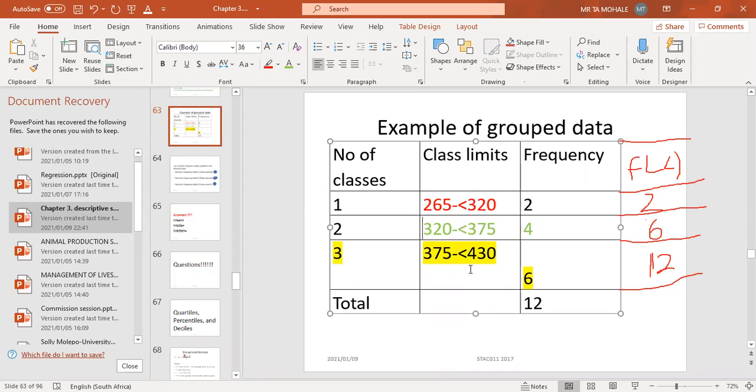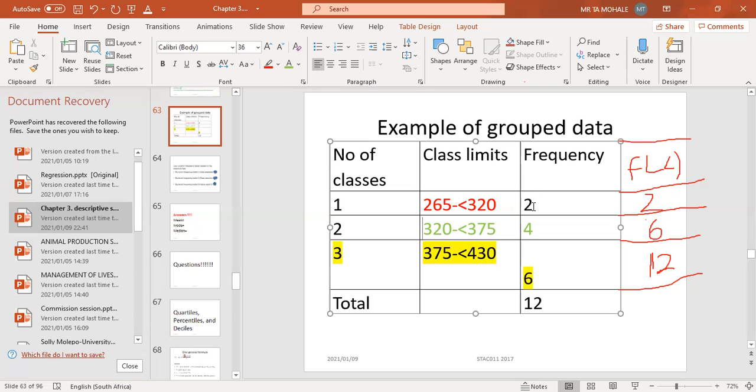What did you answer? 320,25. 320,25? That is correct. Do you know why it's closer to 320? It's because Q1 is the first quarter, and the first quarter of 12 is 3, right?